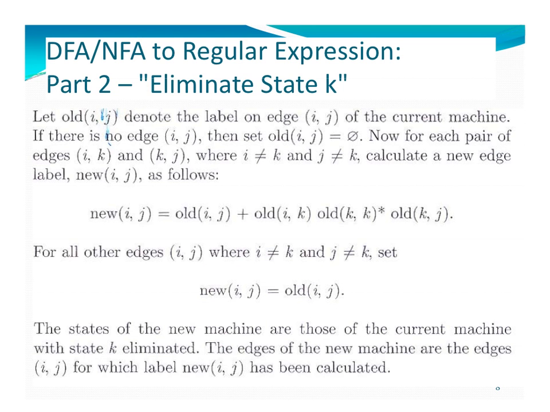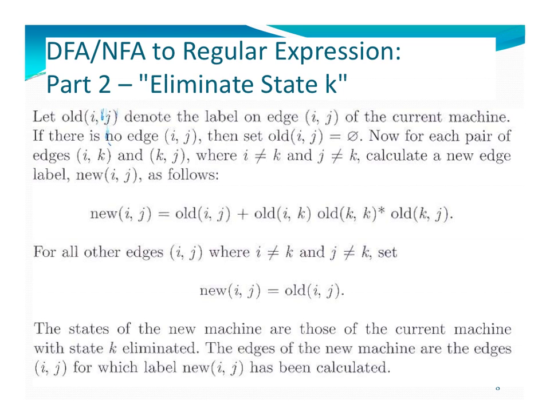So this slide is really grabbed from the book of how to get rid of one of the states in your NFA, and we're going to keep getting rid of states in your NFA one after another until we end up with that single start and final state. But again, we're going to ignore this slide for now. I put it in here so you can see the rules if you want to see the rules, and this will make sense after you finish watching these slides.